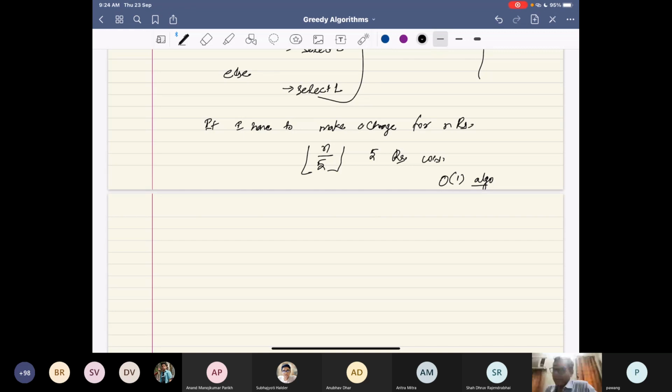I said, first thing is identify a greedy property. And then you have to prove that this will give you an optimal solution.